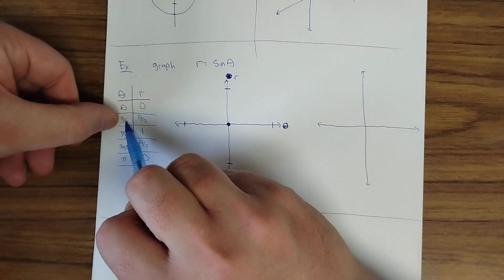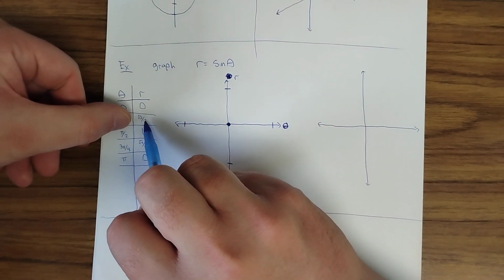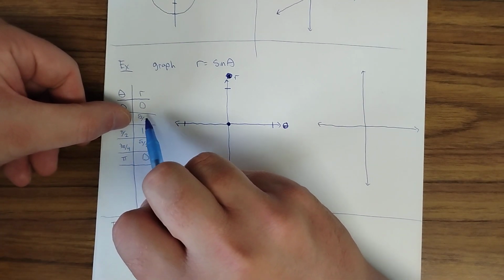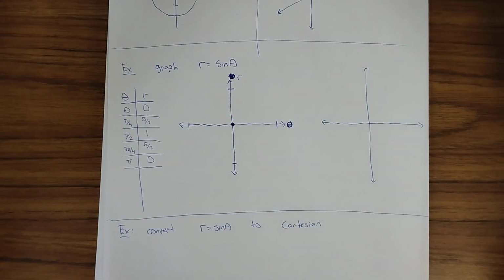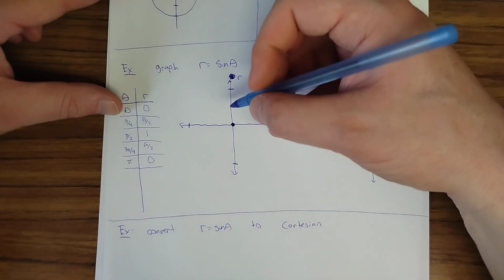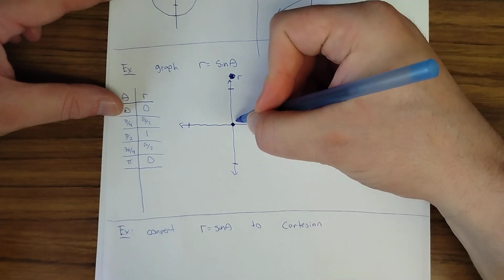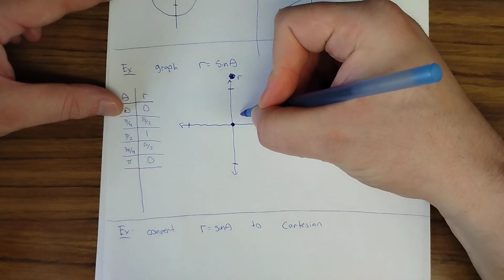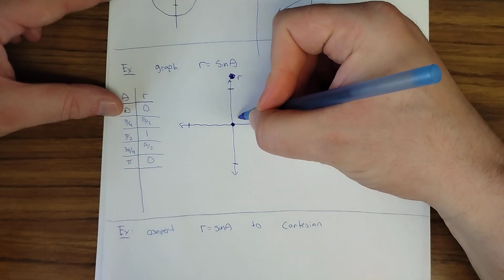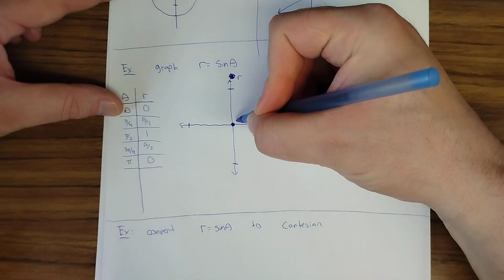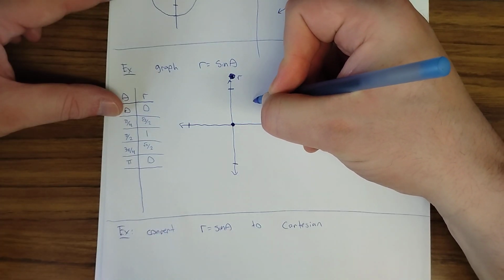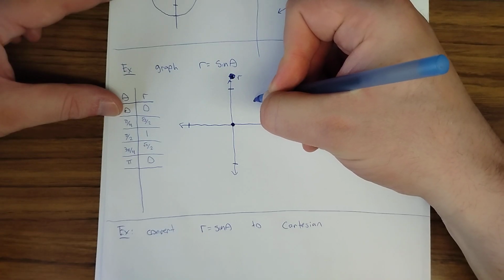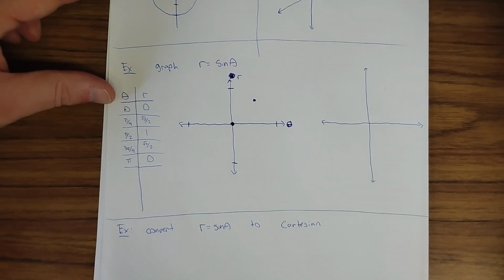When theta is pi over 4, I get root 2 over 2. So root 2 over 2 is about 0.7. So pi over 4 is 45 degrees, so I'm pointing in this direction, and I'm going out a distance of about 0.7. So I'm going to say it's like there.